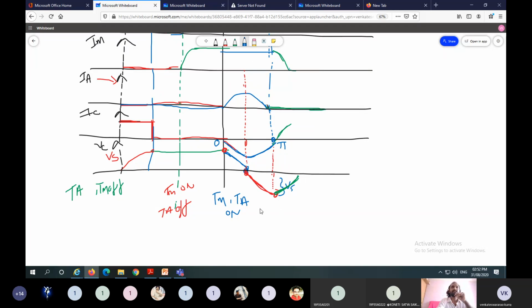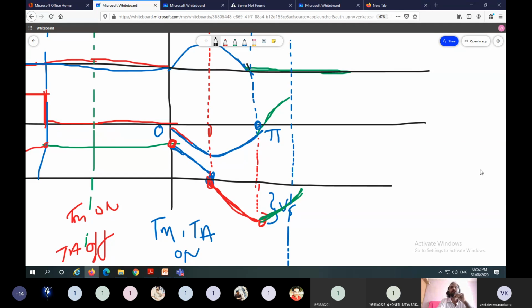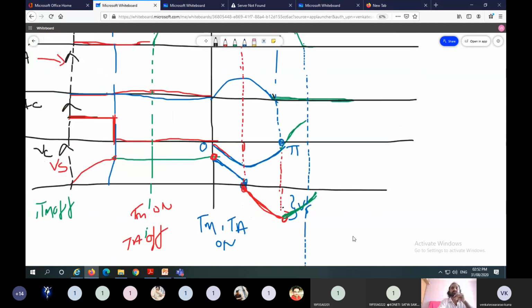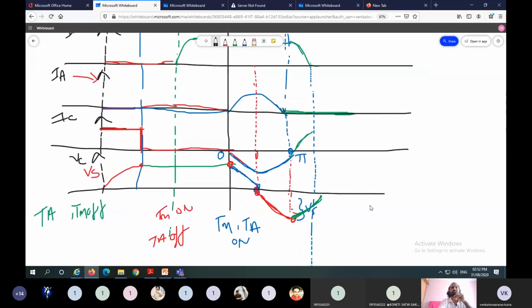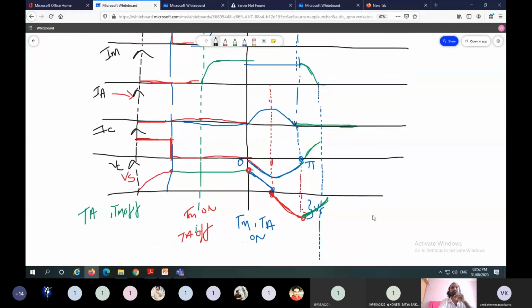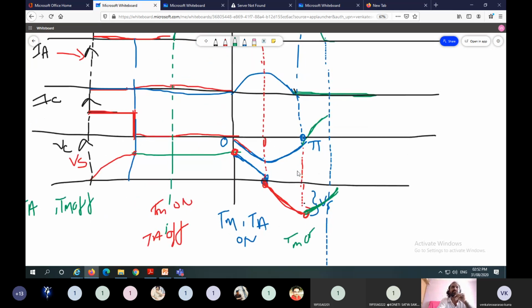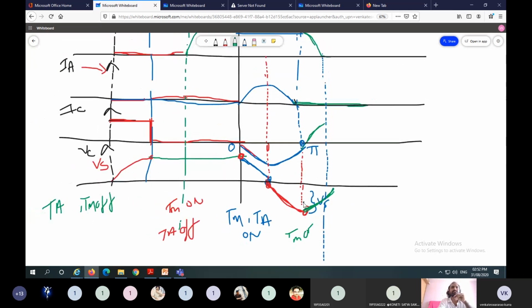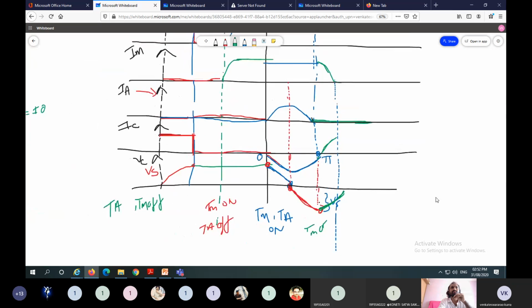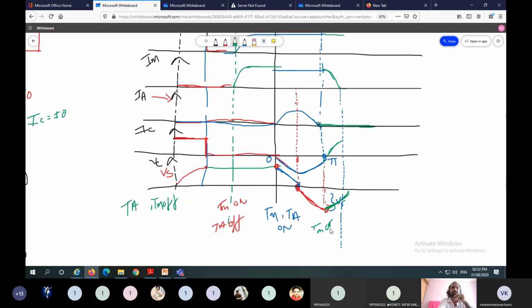At this line, TM is on, TM on, TA off because anode current becomes 0. TM on, TA on for this red line.